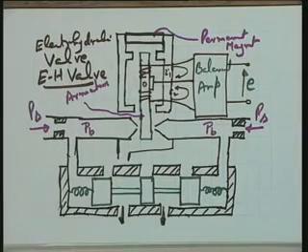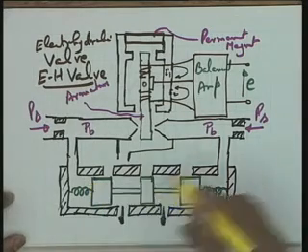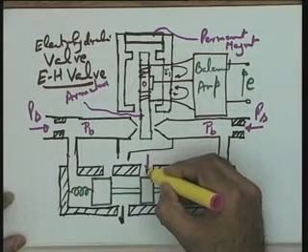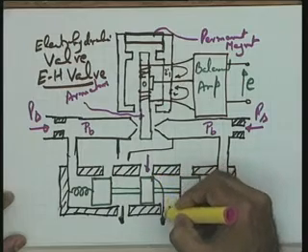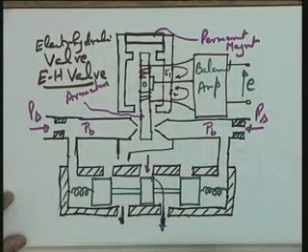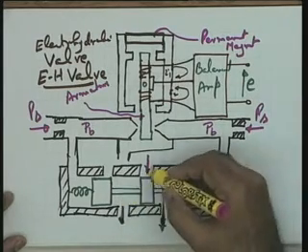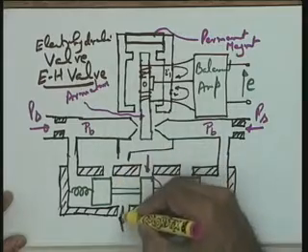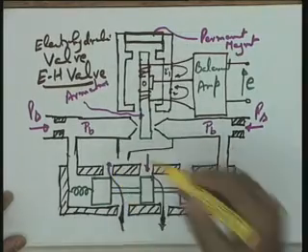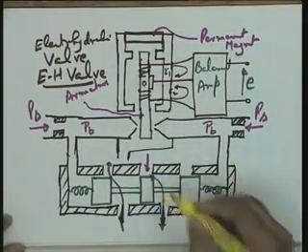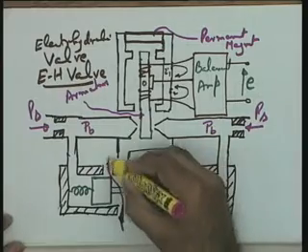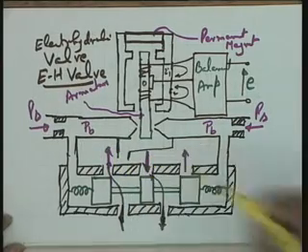If the spool moves in this direction, what will happen? This is your supply pressure. It means the oil is available here to one of the control ports, and this is your drain, and this is going out through the drain. If you move it this way, this is a drain here, and this is the supply pressure here.